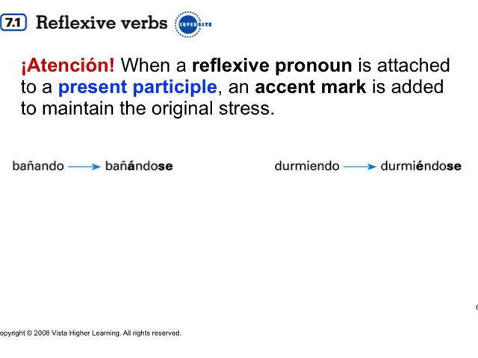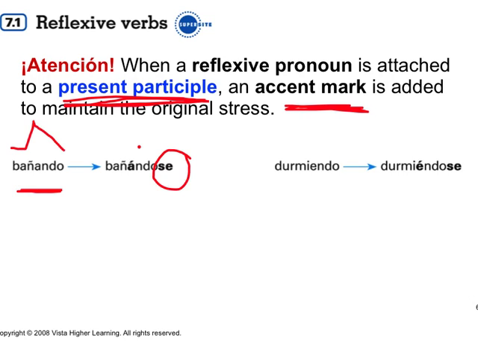And so it's important to remember whenever you do attach a reflexive pronoun to a present participle, you need to add the accent mark. For example, bañando. Bañando doesn't have an accent, but when you add the reflexive pronoun, you have to put it on the original stress. Bañando, bañando. The original stress is right there over the second A. That's the original stress, no accent.